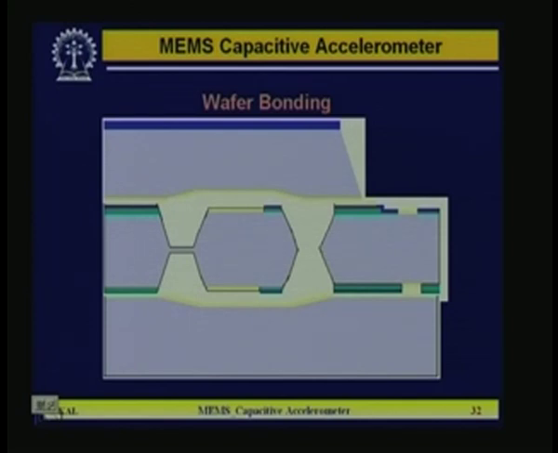Now, the assembly is another very important point in capacitive accelerometer fabrication, where both the C1 and C2 top and bottom capacitance contacts should be proper.